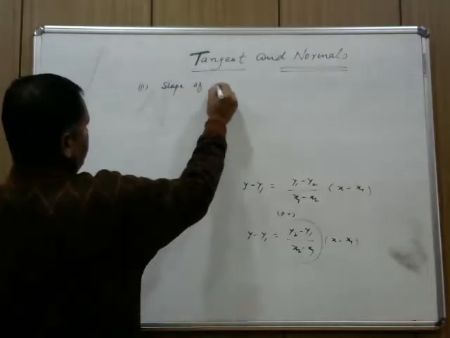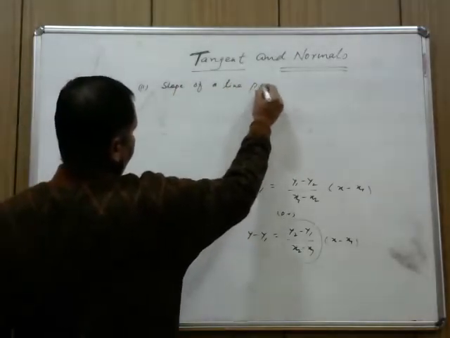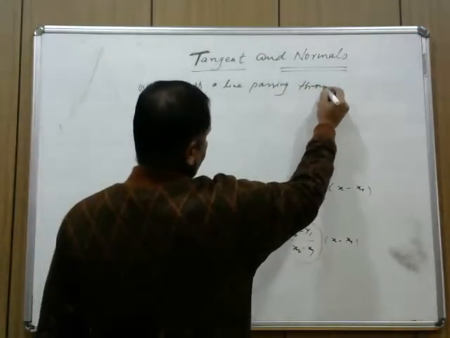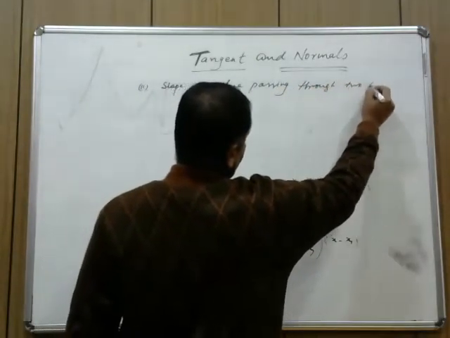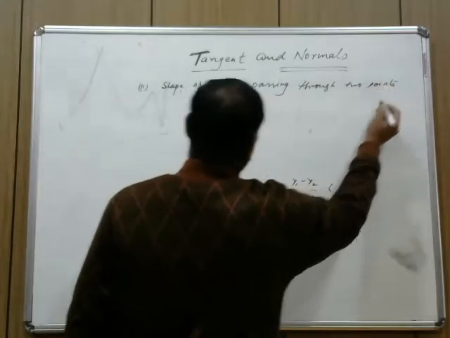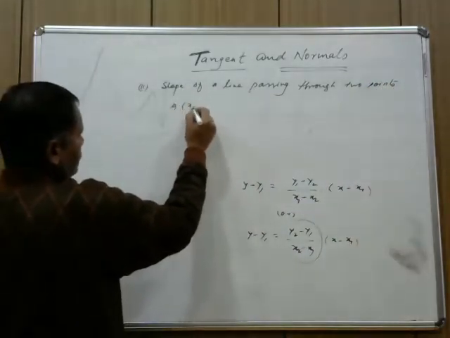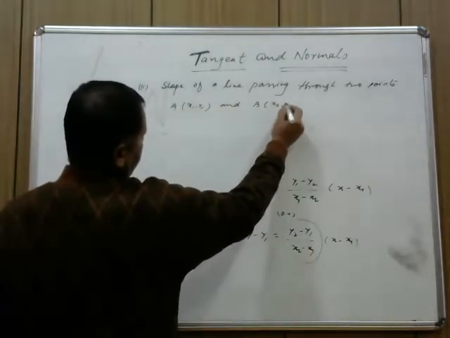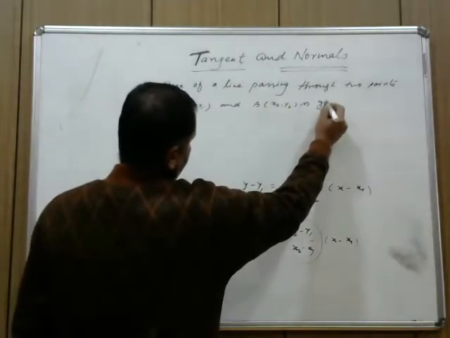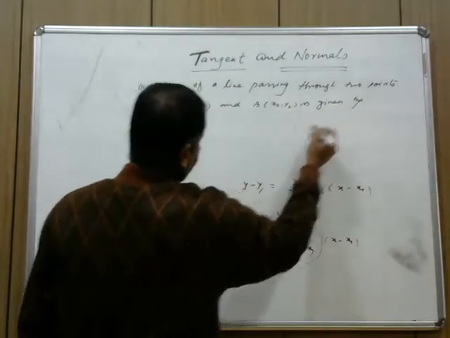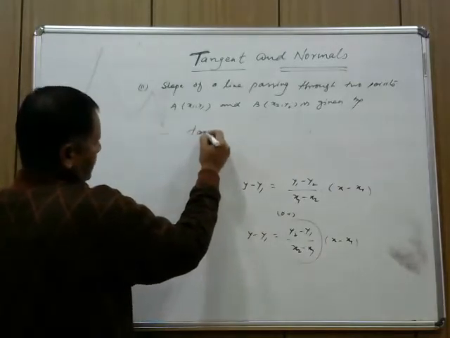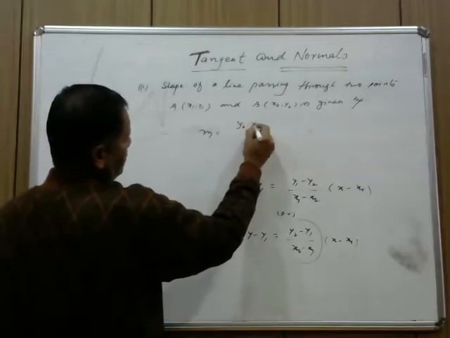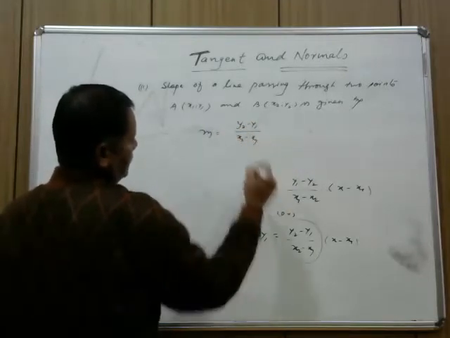Slope of a line passing through two points having coordinates A (x1, y1) and B (x2, y2) is given by slope tan theta, or we write simply m is equal to (y2 minus y1) upon (x2 minus x1).